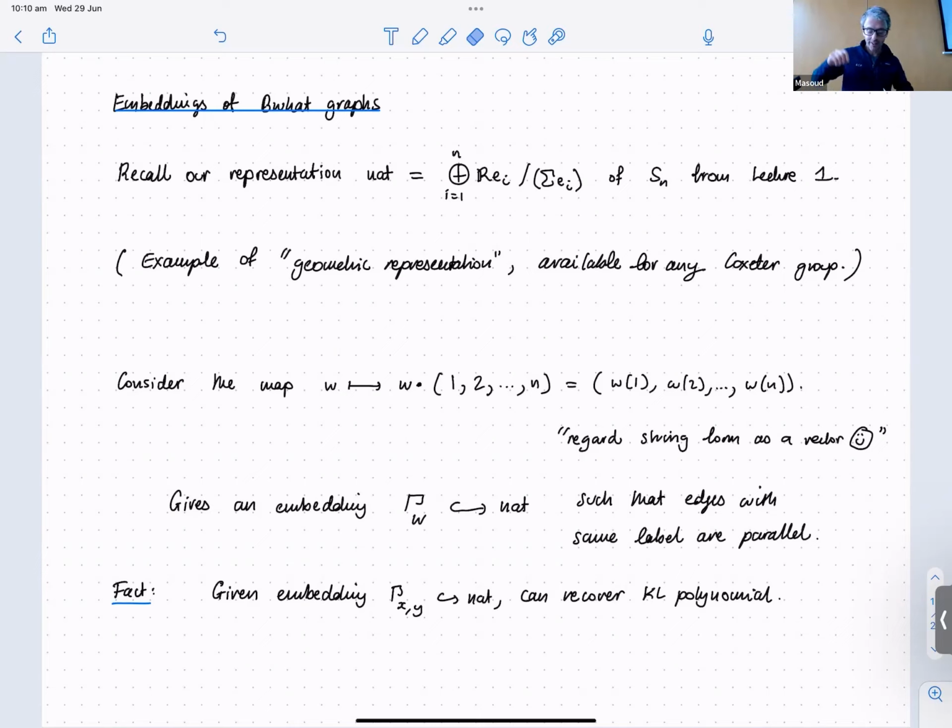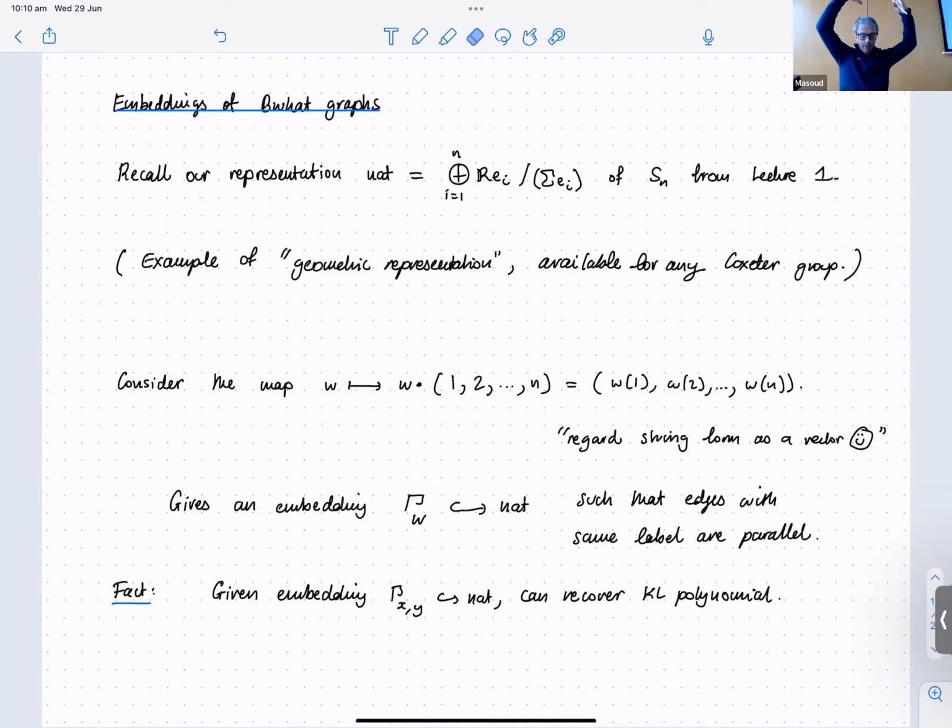I always think about this natural representation as a quotient. If I take the vector 1, 2, up to n and act on it by x, then I get exactly the string notation of my permutation. So it's a nice little geometric encoding of something combinatorial.